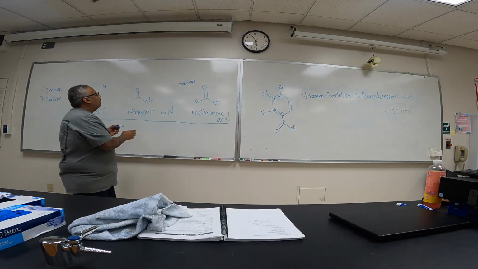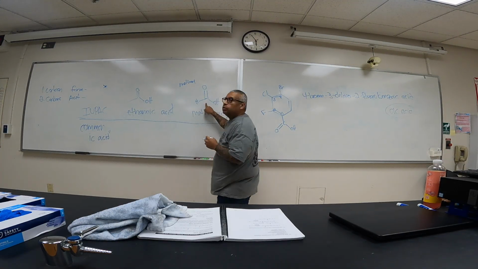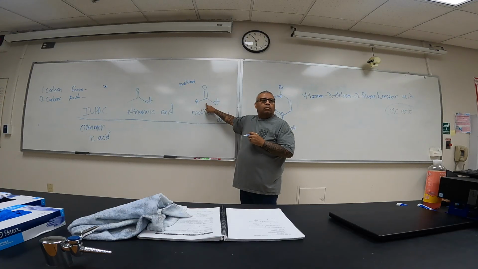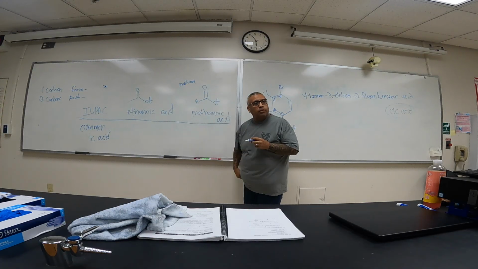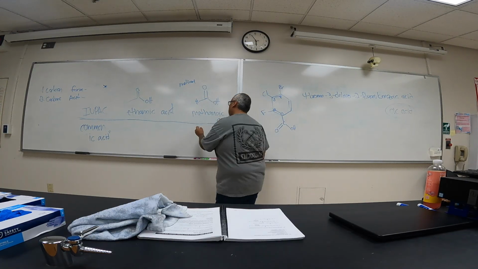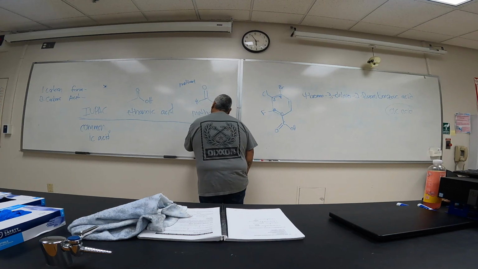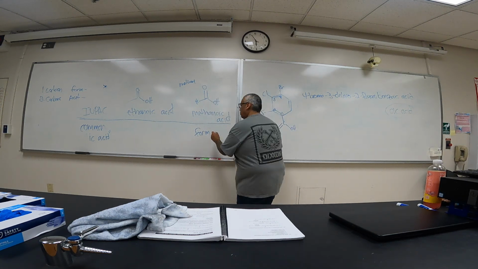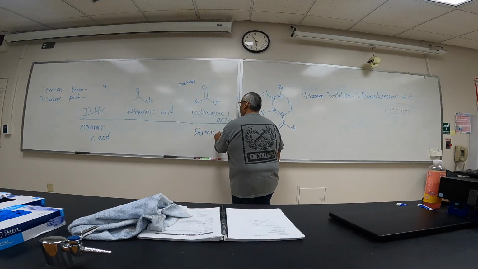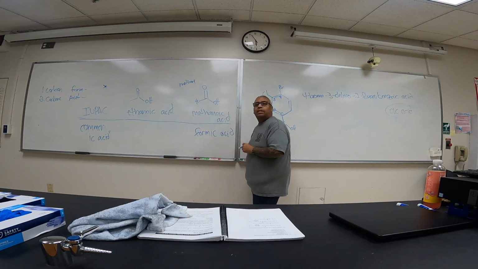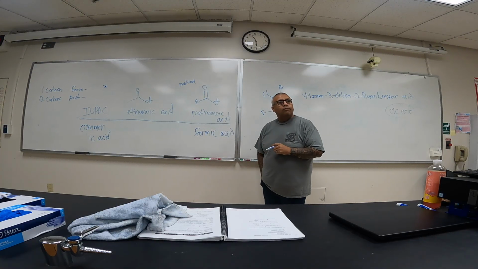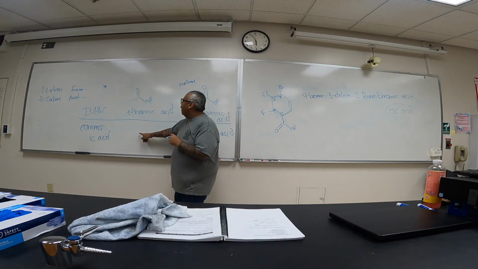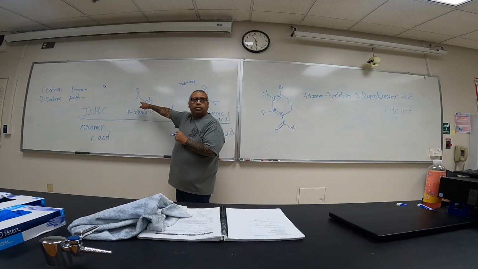So Anna, how many carbons are in this structure? One. So which prefix would we use? Form. And how are we going to end it? Ic acid. So what is the name of this here? Formic acid. Now, how many carbons are in here?